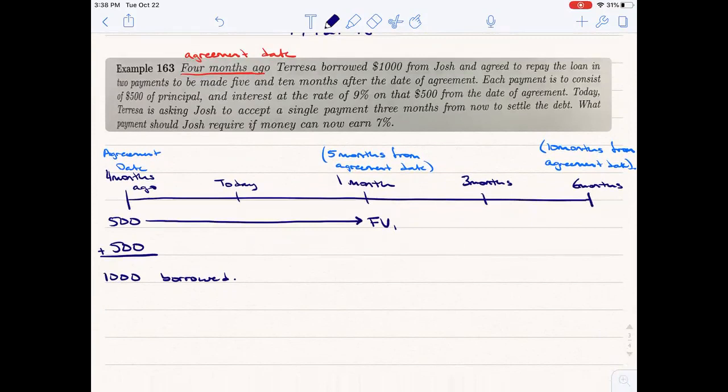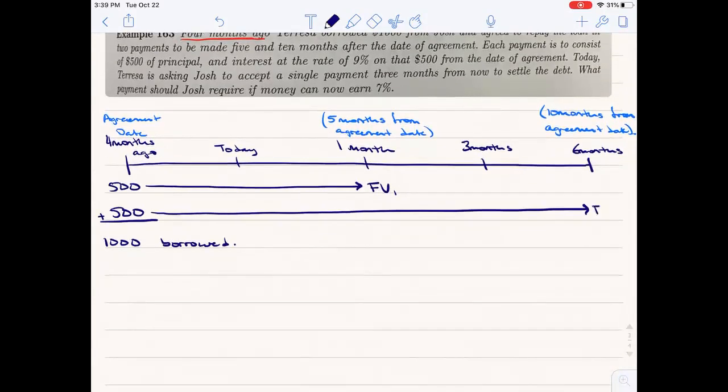This other $500 gets pulled forward to some future value 2. That's the original payment scheme. She's going to pay back future value 1, 5 months from the agreement date, and then future value 2, 10 months from the agreement date.